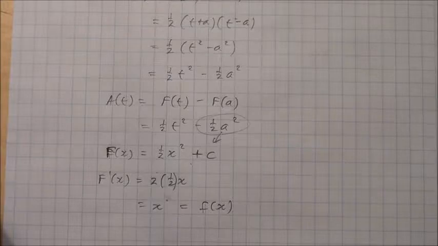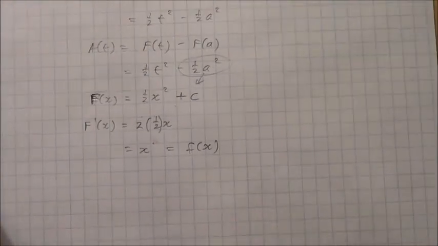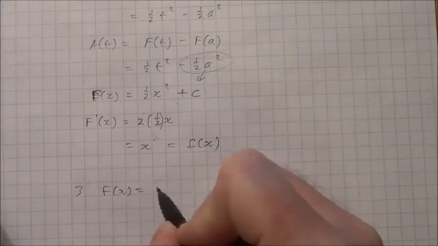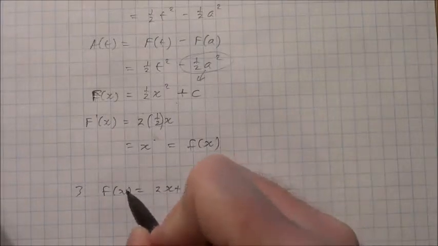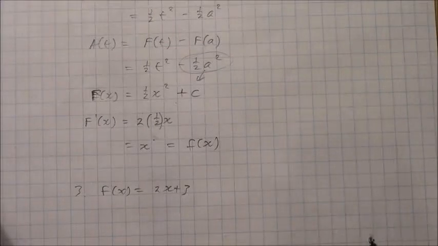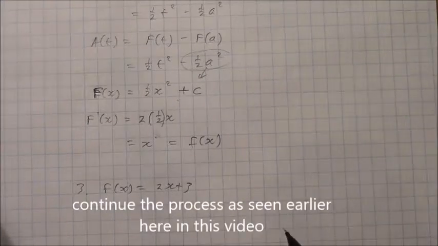Okay, so what I'd like you to do is go through the last two parts of that investigation on page 450. That would be parts number 3 and 4. In part 3, we're given the original function f of x equals 2x plus 3, which you'll see in the textbook is another trapezium, and it shows you the first step, but then I'd like you to continue with that.